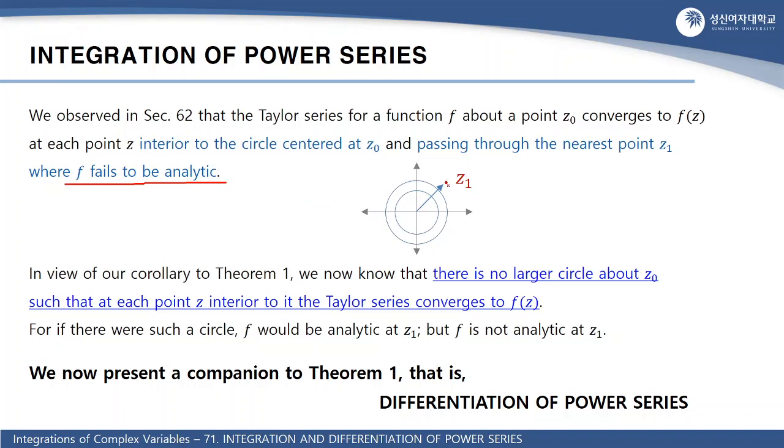Okay, we can enlarge the region, but only until a point, I mean a complex number, here for example g1, where f fails to be analytic. Okay, we can enlarge the circle up to this g1.